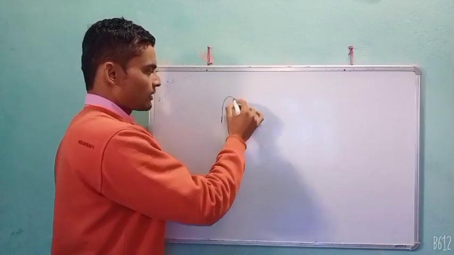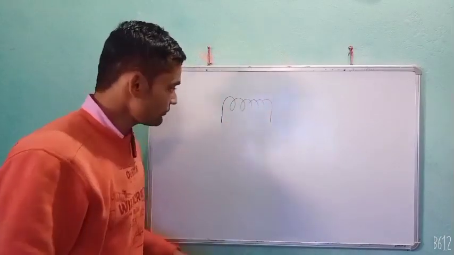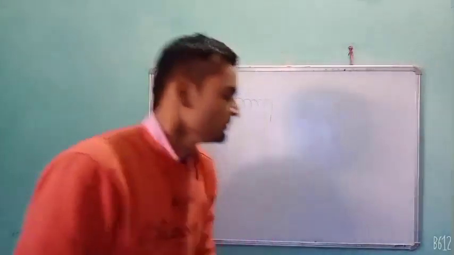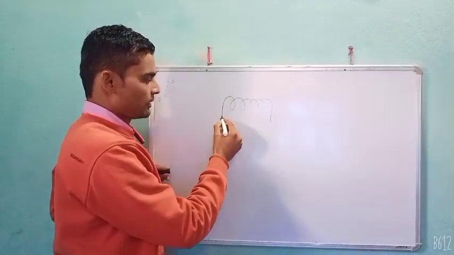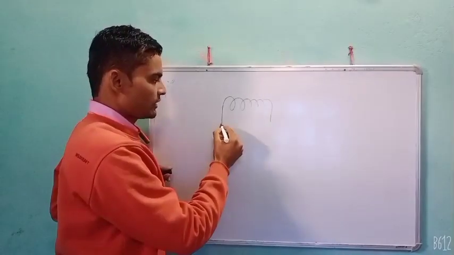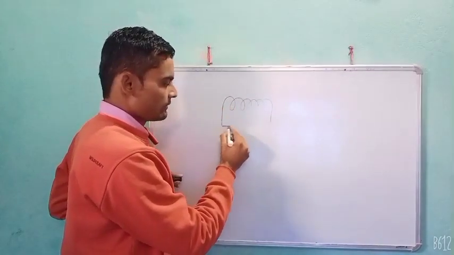Faraday took a closed conductor in the form of a coil. He created a closed circuit where a conductor in the form of a coil is connected with a galvanometer.